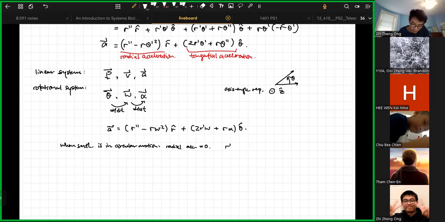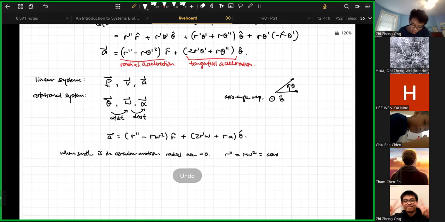And what does that say? That means that r double prime is equal to r omega squared. We call this term the centripetal acceleration. So that's one way that you can derive the centripetal acceleration.